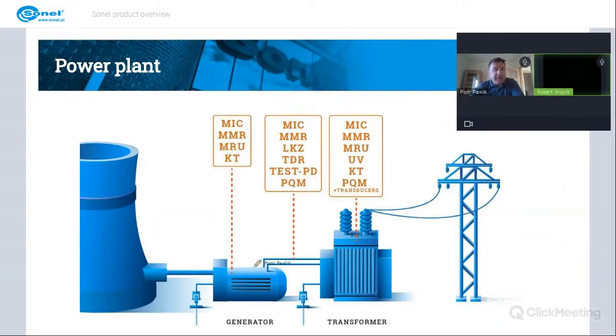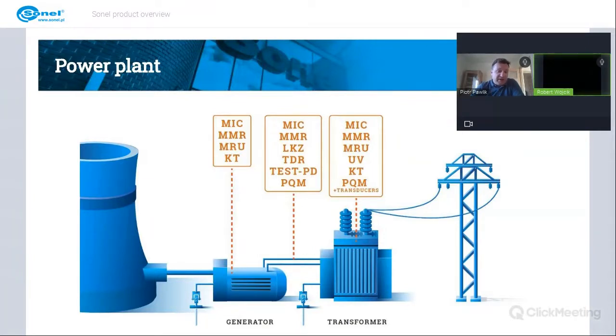The generator we can test with insulation resistance meters. So that's the MIC series. And we can test the insulation of the windings of the generator. We can also check continuity of those windings, so then we can use the micrometer.